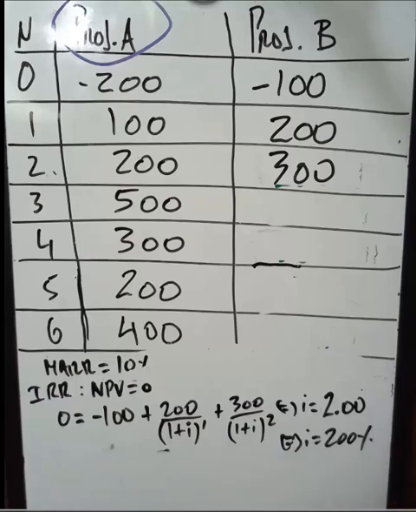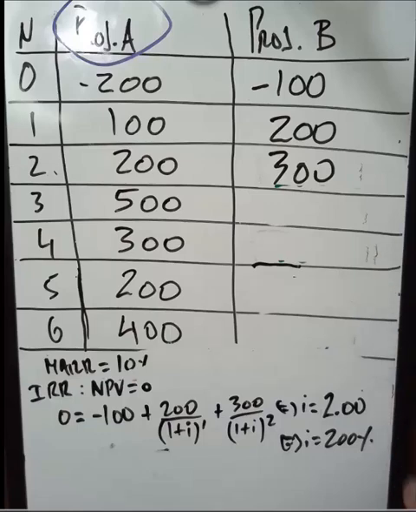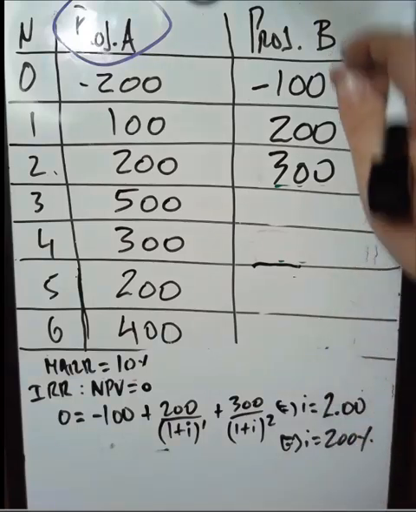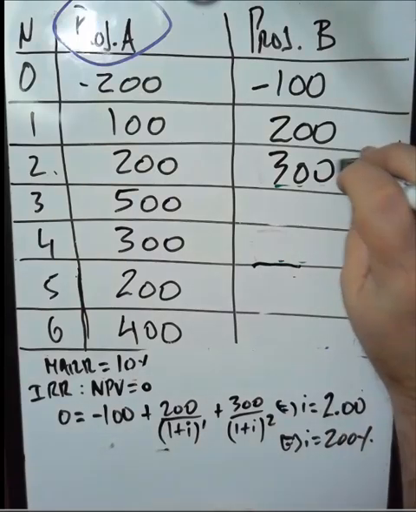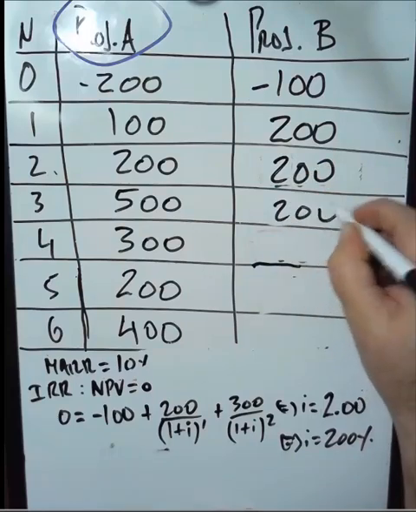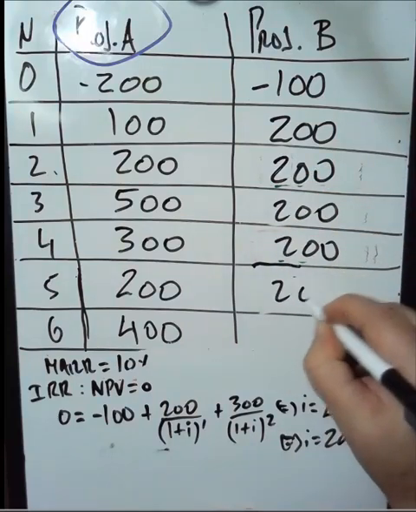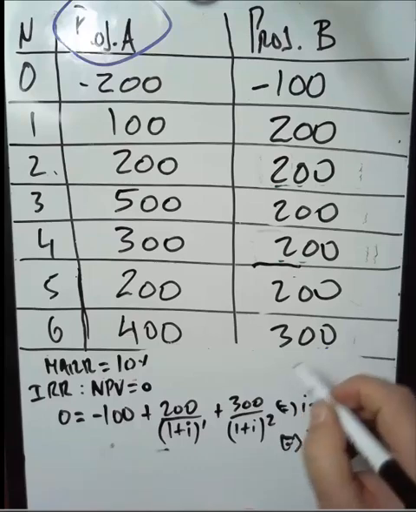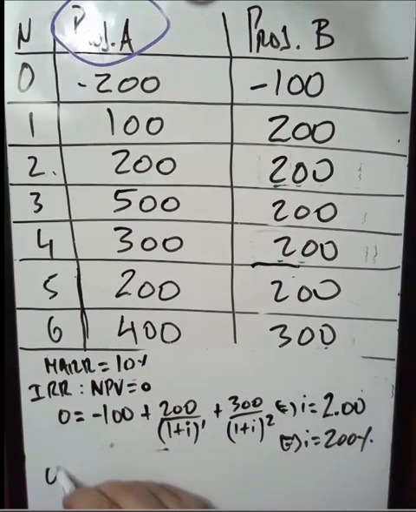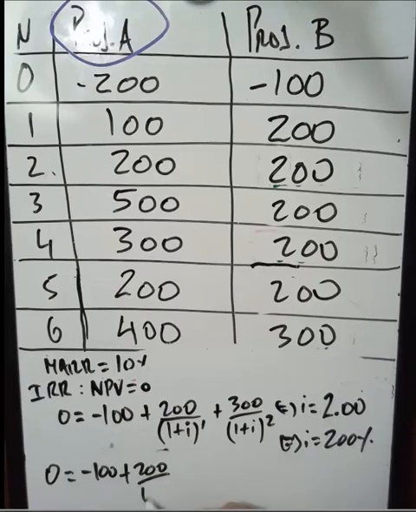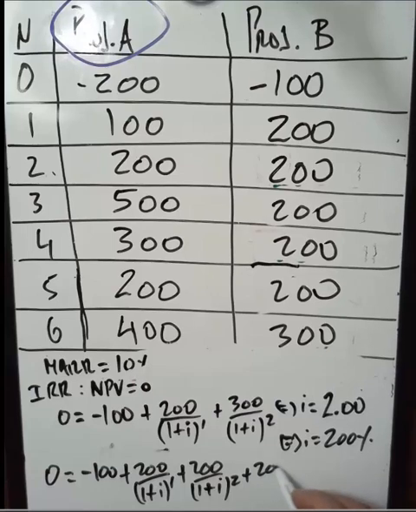And note that if I was to compute the internal rate of return for the same cash flow series with the equally lived projects, remember what we had was 200 every year up to the last where we had 300. If you were to compute the internal rate of return for that, it would look like an extended version of this one, where we have the 200 series.